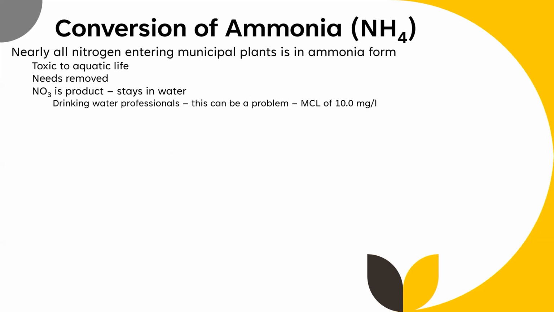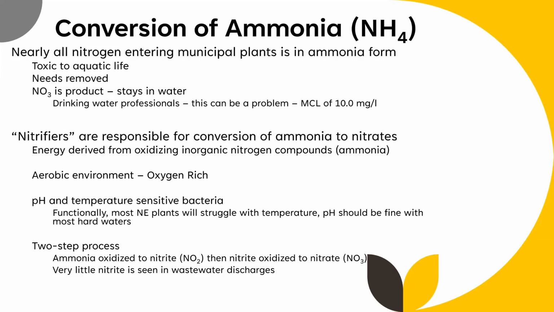So we've already discussed that ammonia is toxic to life. Nitrifiers are the bacteria that convert ammonia to nitrates within your wastewater treatment facilities. They live in an aerobic or oxygen-rich environment. They are both pH and temperature sensitive.